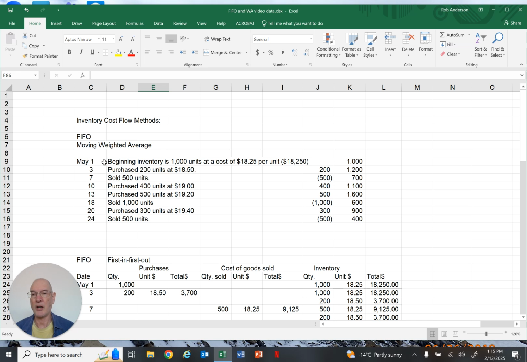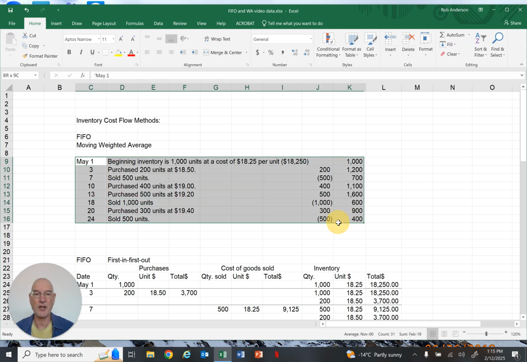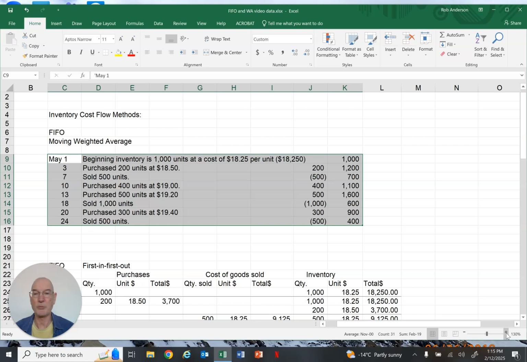So here are a set of transactions for us. These are going to be transactions for the month of May for a hypothetical business. And first we're going to calculate inventory using first in, first out, called FIFO.